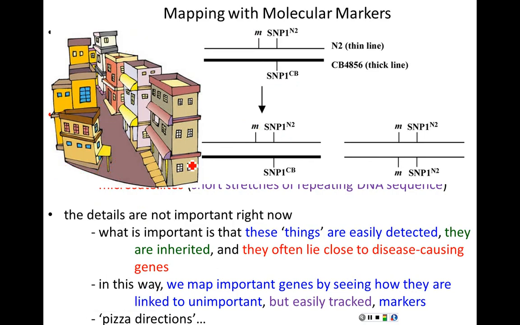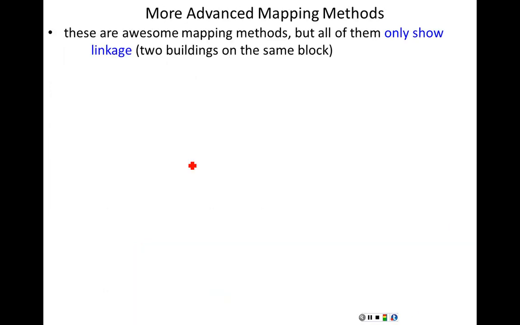And so that's how things are done now. And like I said, it's also how forensic DNA technology is done. It is all about the linkage pattern. It's all about a low recombination frequency between the two because they are physically very close to one another on a single chromosome. There are even more advanced mapping methods.